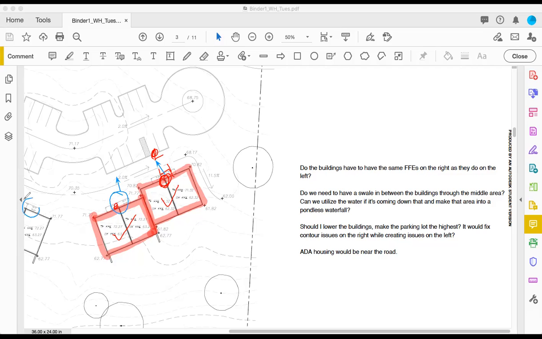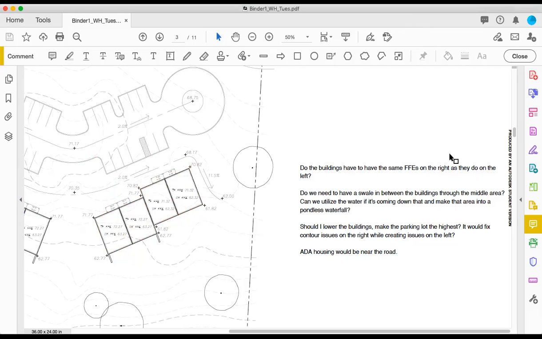And these two units have the higher elevation because it's closer to the higher area of the parking lot. So I'm not sure if that answers your question. If you need more clarification, please feel free to unmute.